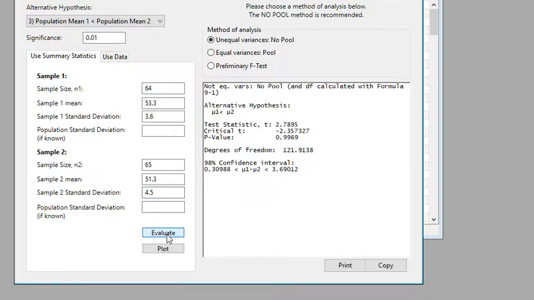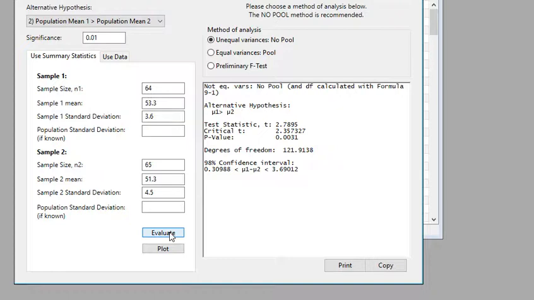I got that first, but then I changed the way I put the sample. I think what was wrong with that first one was we had the sample one, the alternative mixed up.